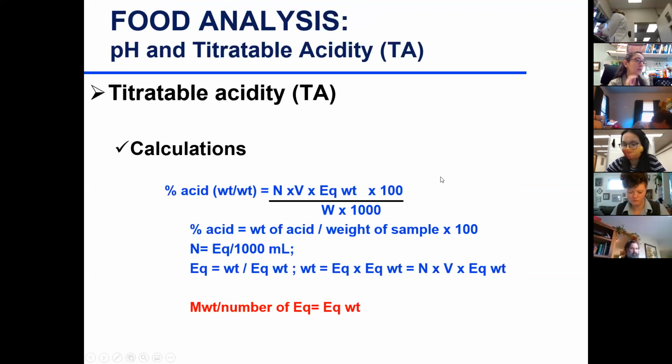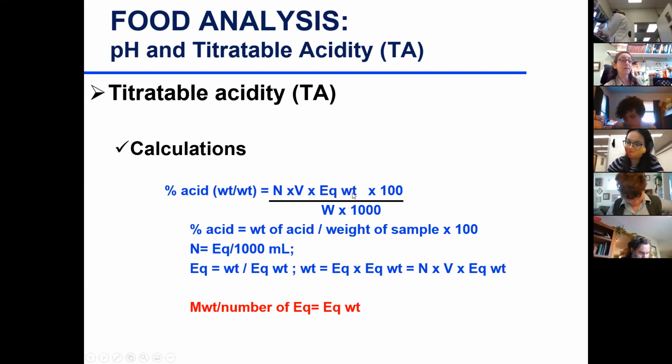So here are the calculations for titratable acidity. Again, this is the same equation that you've seen since we went over proteins when we calculated nitrogen. So the weight equals normality multiplied by the volume of the titrant. In this case, you normally multiply by molecular weight, but here it's equivalent weight.